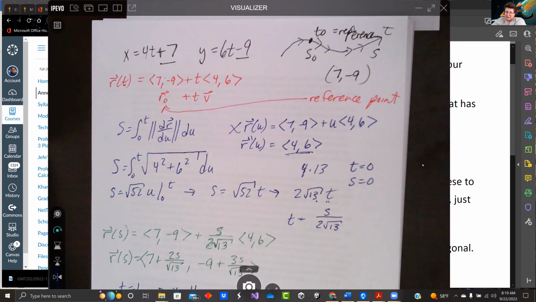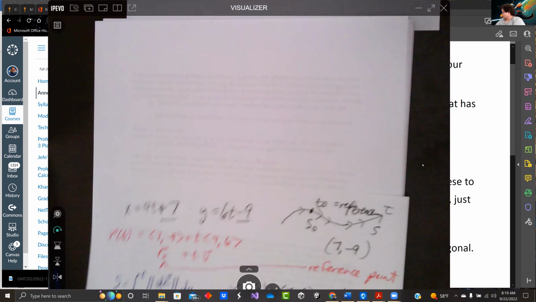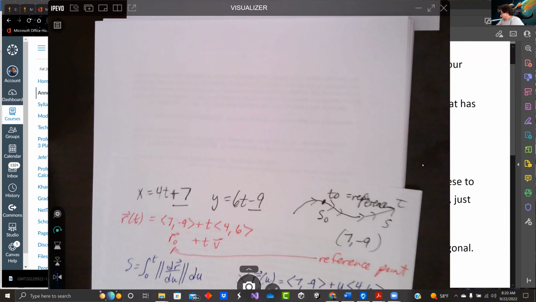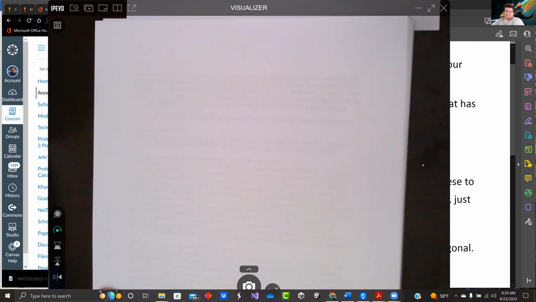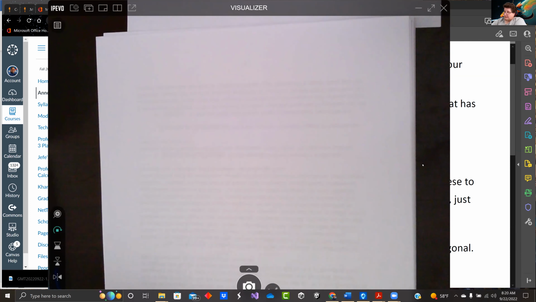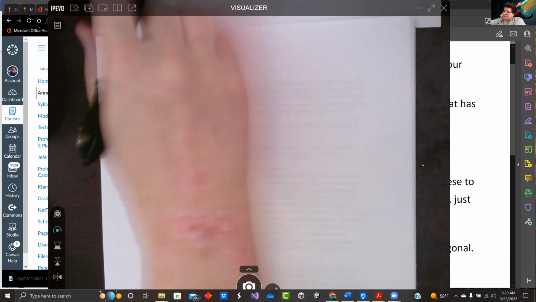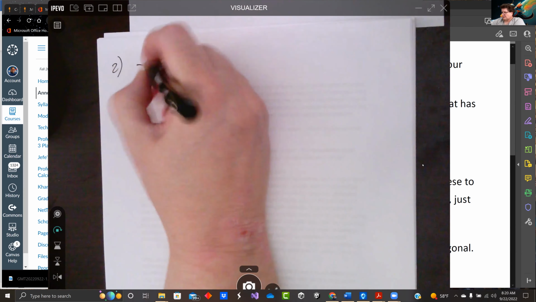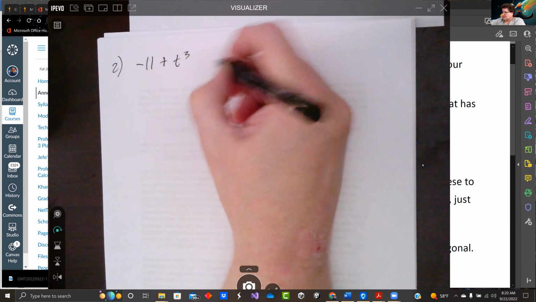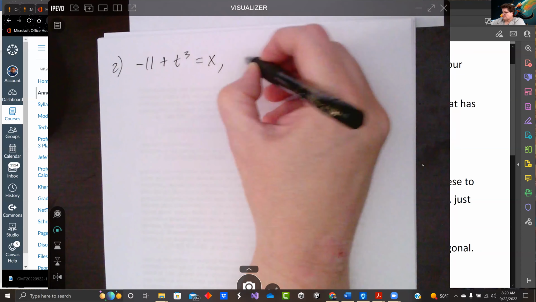Okay, number 2. What do we got here? We got curvature. So many mistakes on this one.